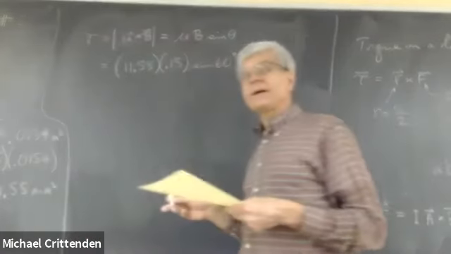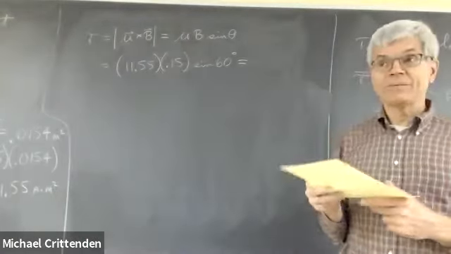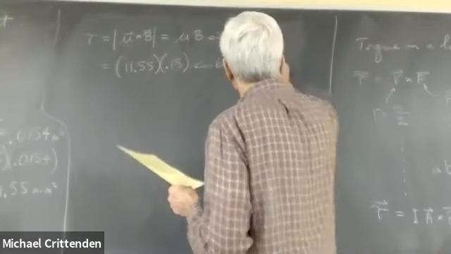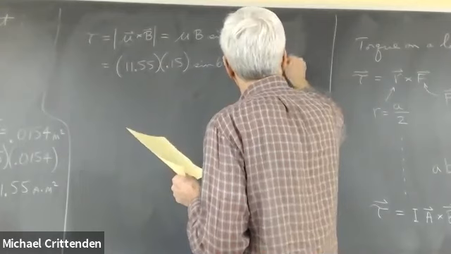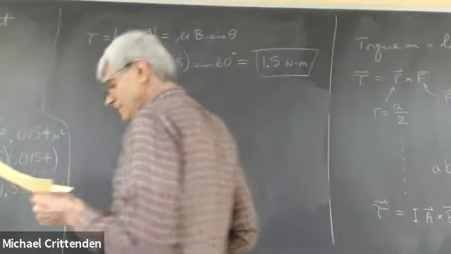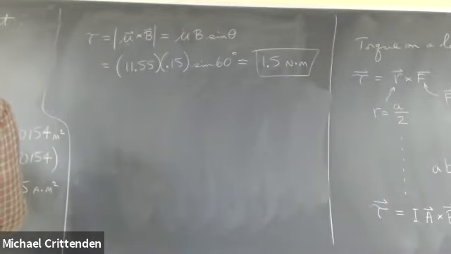Always want to stop and think about things like that, because sometimes I give you some other angle and make you figure it out. One and a half Newton meters is the magnitude of the torque.